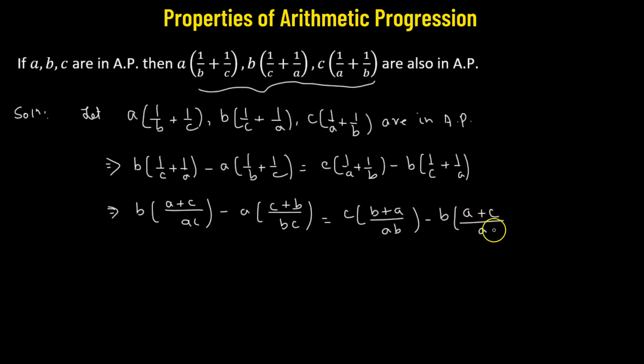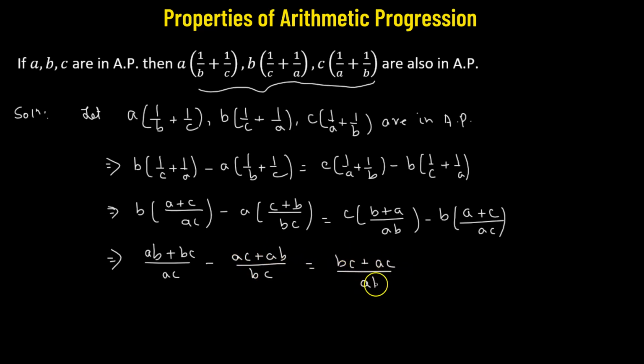which gives us, now we have ab plus abc divided by ac minus ac plus ab divided by bc, which will be equal to bc plus ac divided by ab minus ab plus bc divided by ac.